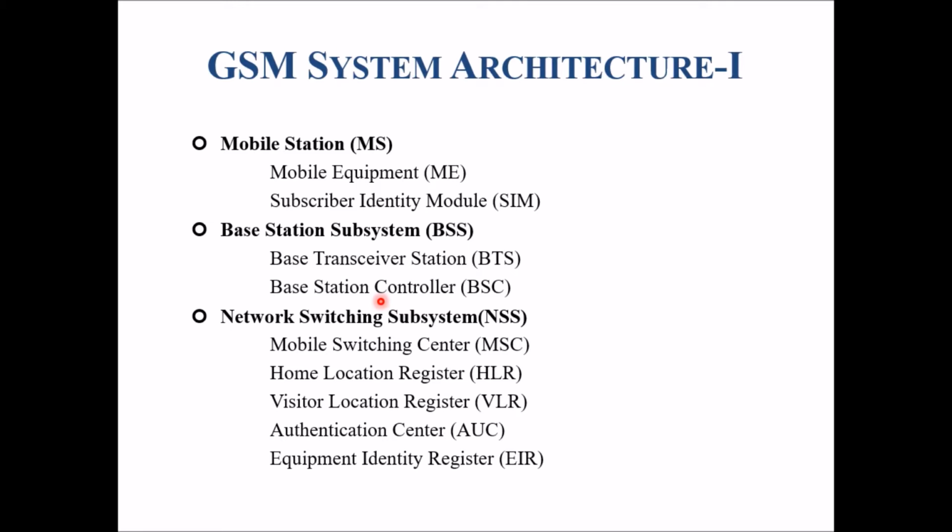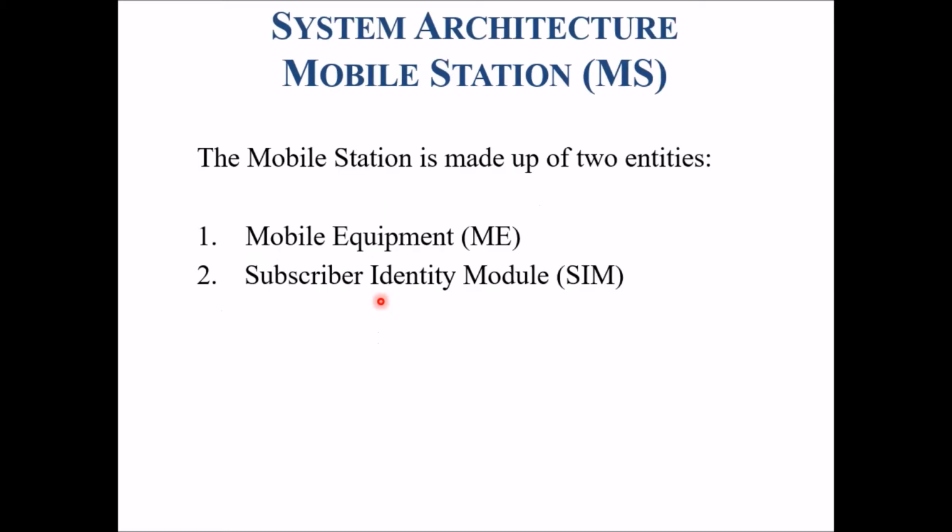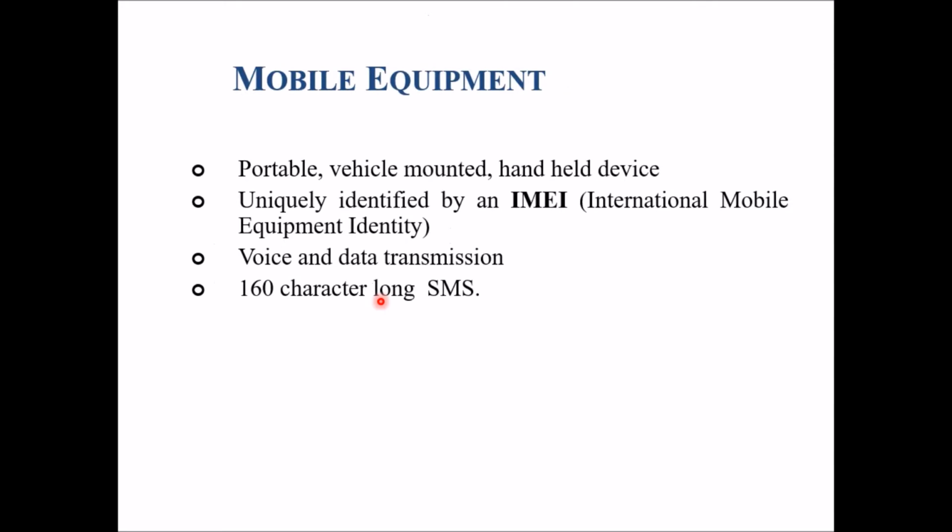In GSM architecture, we have the mobile station, base station subsystem and network switching subsystem. In the mobile station, we have mobile equipment and the subscriber identity module. In the base station subsystem, base transceiver station, that is BTS, and BSC. In the network switching subsystem, we have MSC, HLR, VLR, AUC and EIR. Now we'll see in depth.